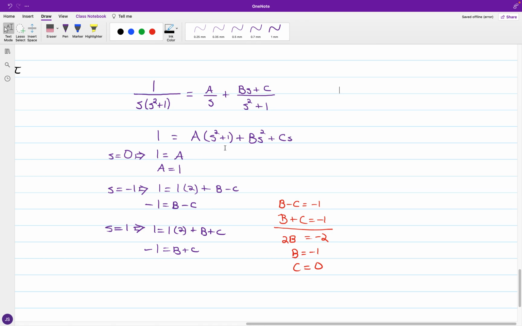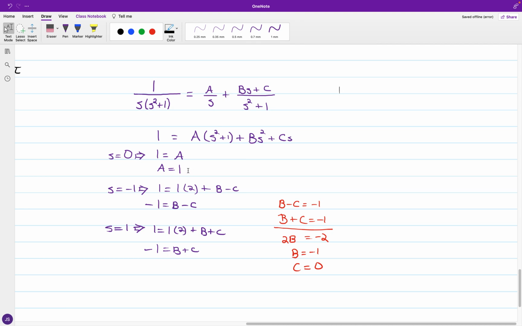Now there's only one zero that we can use, and that is the number 0 itself. If I plug in 0 for s, the terms in B and C go out, and we have A on the right and 1 on the left, so 1 is equal to A. We have established that A is equal to 1.